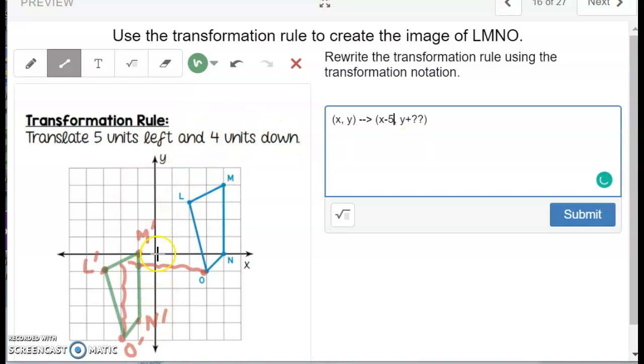Moving down means we're going towards the negative direction in the y. The vertical position is changing by 4, but it's decreasing by 4. Okay, because look at the number line or the y-axis, going downward is the negative direction. And you're going to submit it.